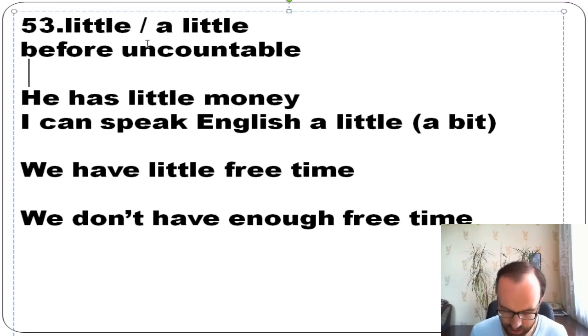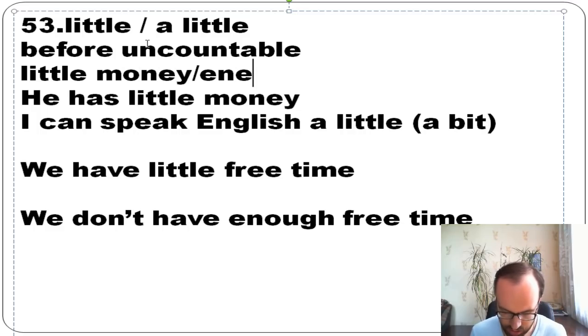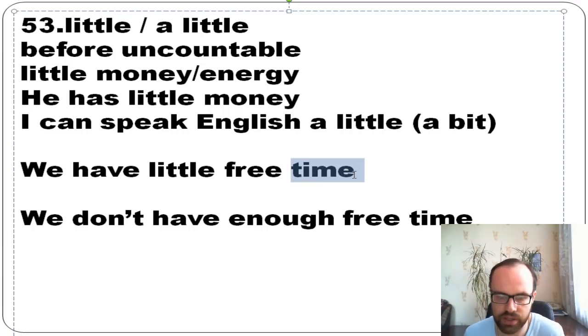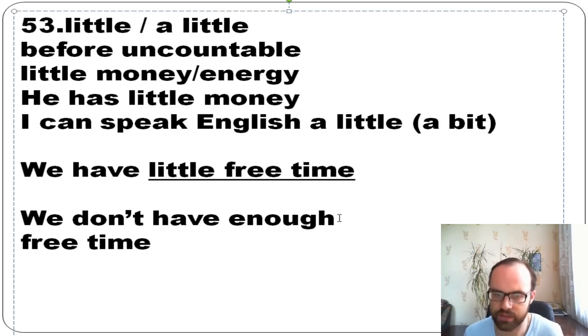Look, little money, little energy, and we can use a little. It means a bit. I can speak English a bit. We have little free time, so time is uncountable, and you use little free time. We don't have enough free time.